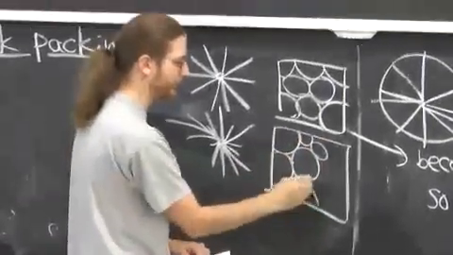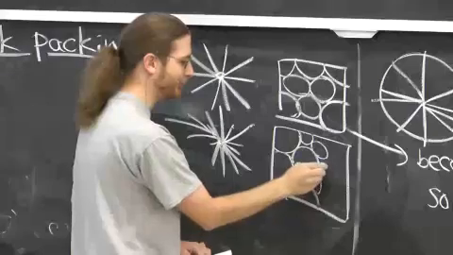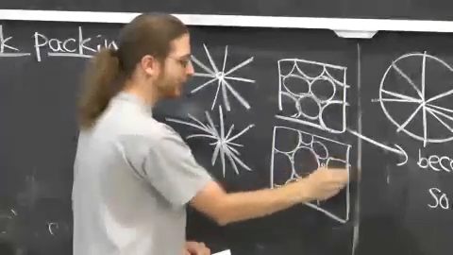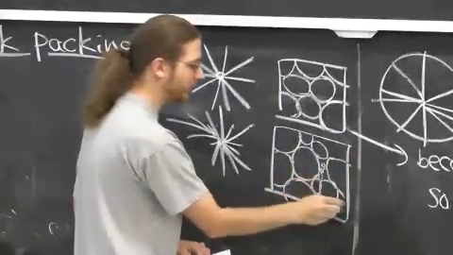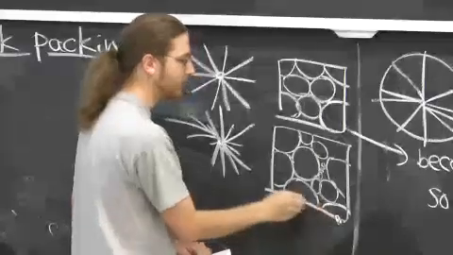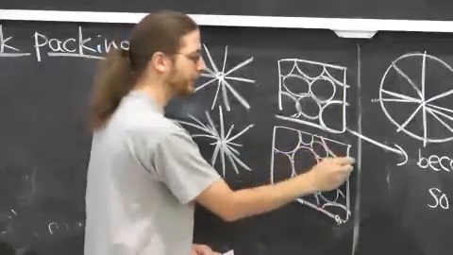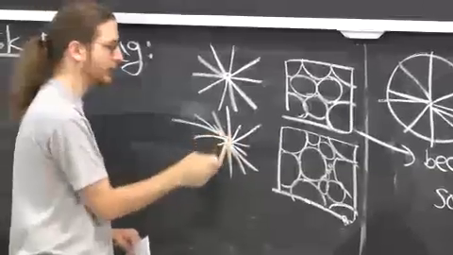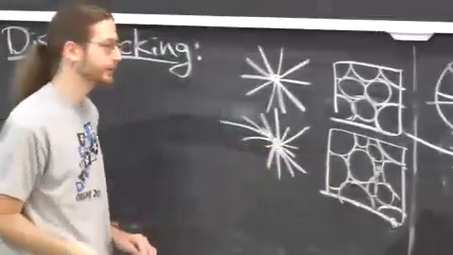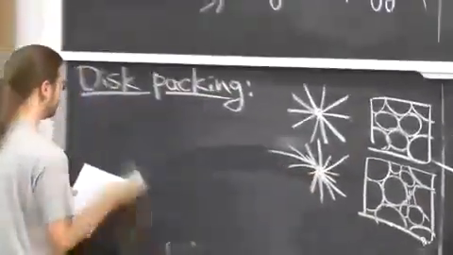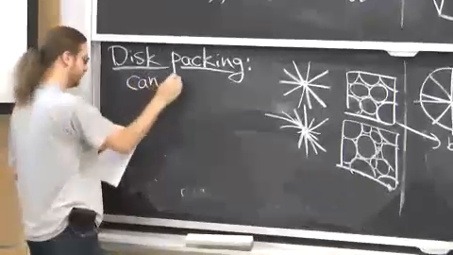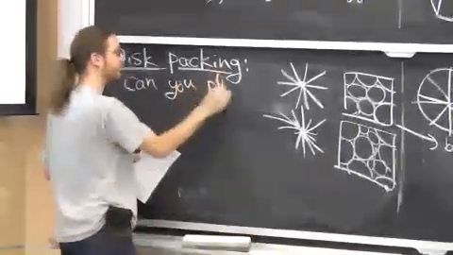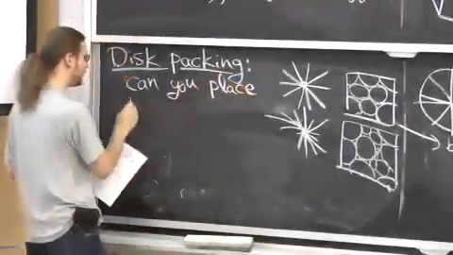It's kind of fun. It's like bubbles. They all have to fit. They can't overlap each other. All of the centers of the disks are inside the square. And I want to know, how big a square do I need to pack them? Okay, I'm going to formulate it as a decision question, yes or no. Can you place n given disks?